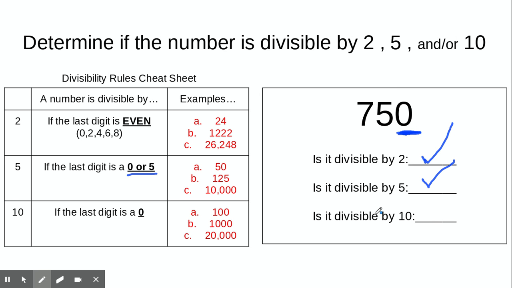And how about 10? Is 750 divisible by 10? Well, is the last digit a 0? It is. So 750 is divisible by 10, 5, and 2. So we have to remember it can be divisible by more than just one number.